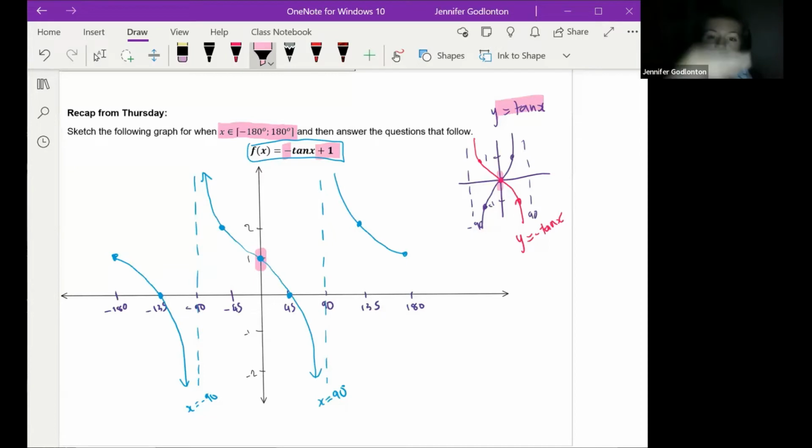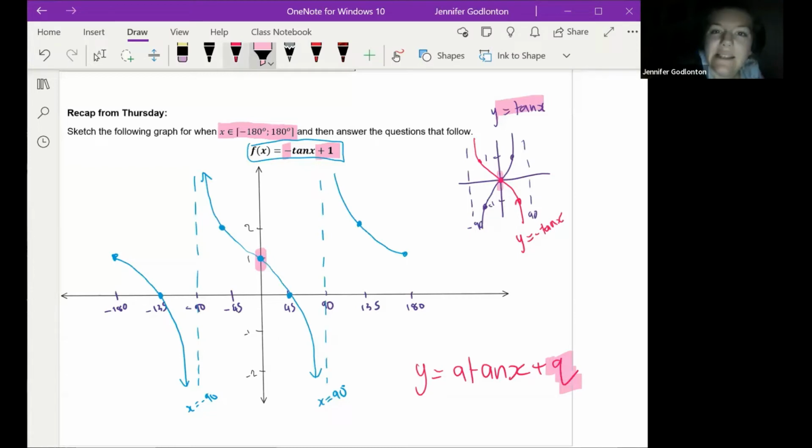Whatever that value is at 0 degrees tells us our shift, going up or going down, and our shift is our Q value. Remember in your equation, y is equal to A tan x plus Q. That Q is your shift.